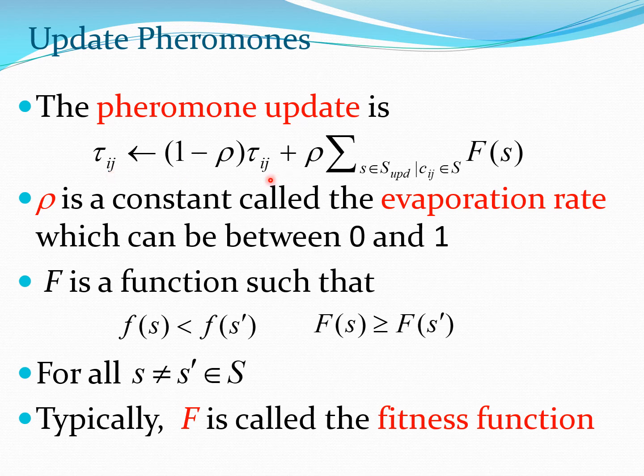So essentially that means there is no particular change in the pheromone. That is one extreme case. The second extreme case is of course the possibility that rho equals 1, and in this case essentially you carry the fitness function value with you. So depending on the weightage you want to give to the past pheromone values or the current value of the fitness function, you can choose some number here, and depending on that we can weigh the past pheromone value or the fitness function value.